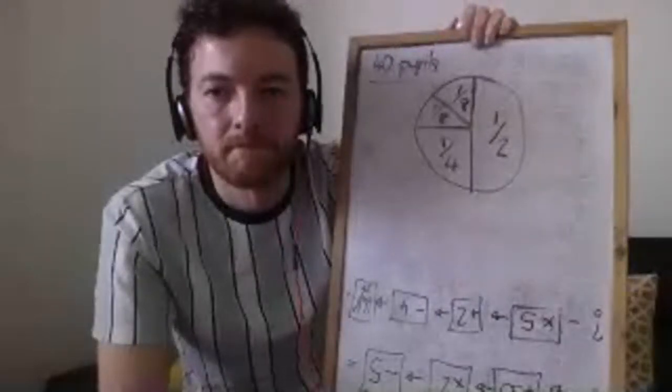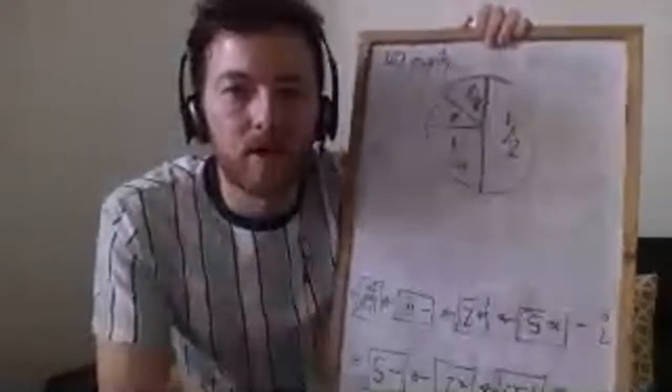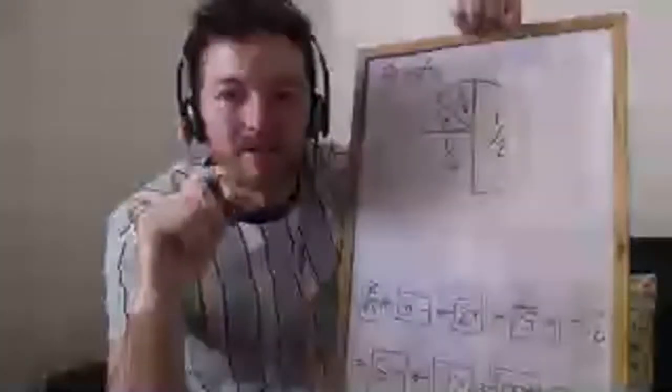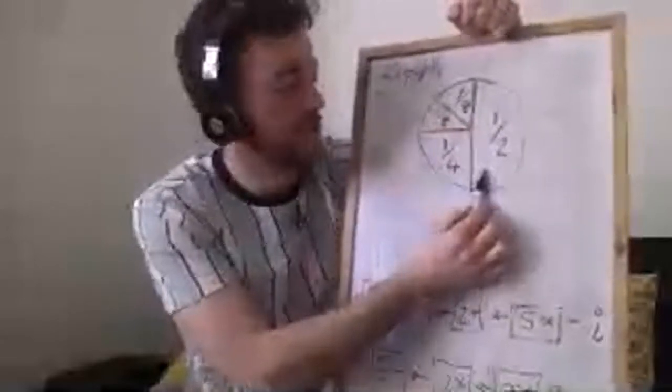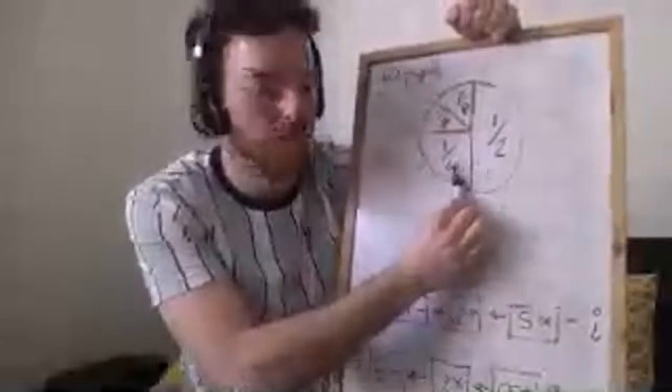Okay, so let's design a question now. Now that we've looked at our pie chart and realized what these fractions are, okay, actually no, I want to do one thing, sorry, before we go into a question, all right, is having a look at these two just for now, okay, don't worry so much about this one. Looking at these two, because these are the more common types that we're going to get.